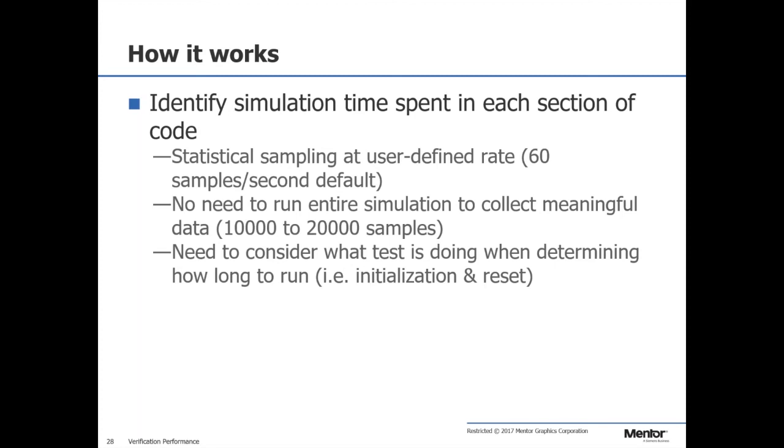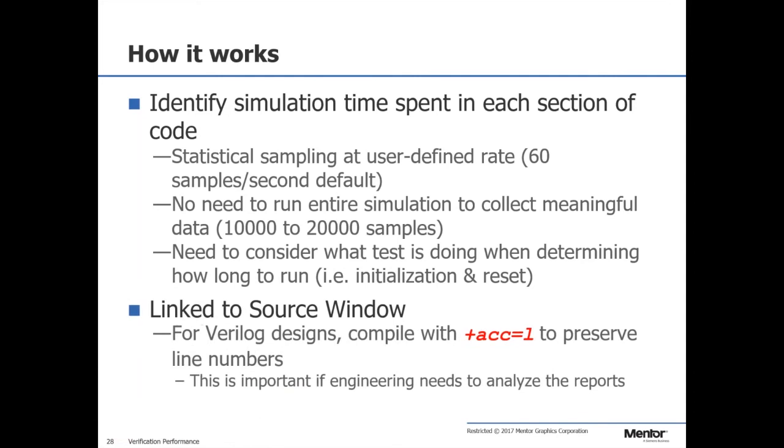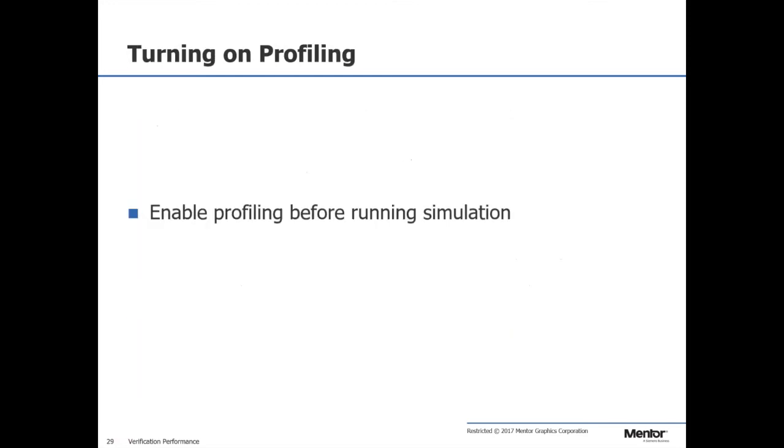And if you run for enough time and you collect enough samples, what that then gives you is basically a view of how much time is being spent running any one piece of code. If you collect enough data, you'll get a statistical graph of where am I spending time.